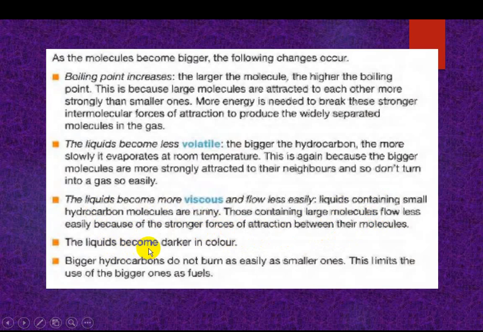The liquids become darker in color, from shorter to longer molecules. Bigger hydrocarbons don't burn easily, but smaller ones burn easily.